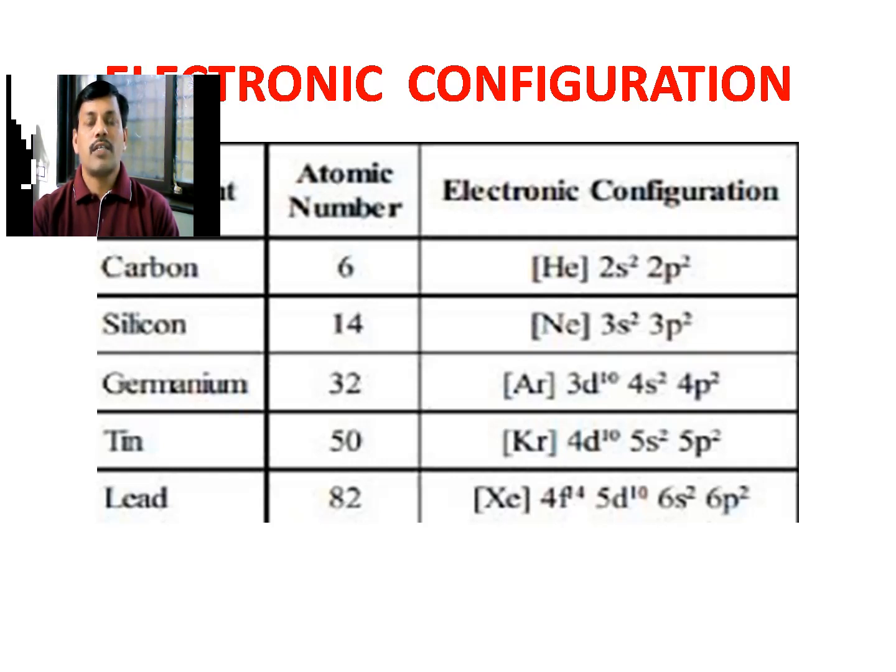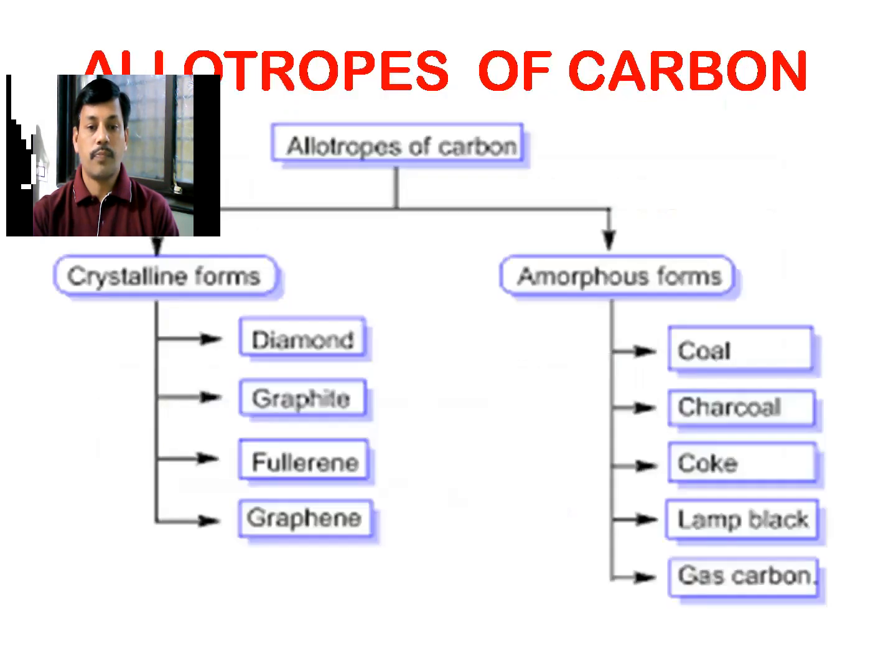So carbon tries to get these 4 electrons from other elements. So it has more reactivity towards various reactions, and carbon and silicon form various types of compounds. The general electronic configuration of the fourth group elements is ns2 np2.